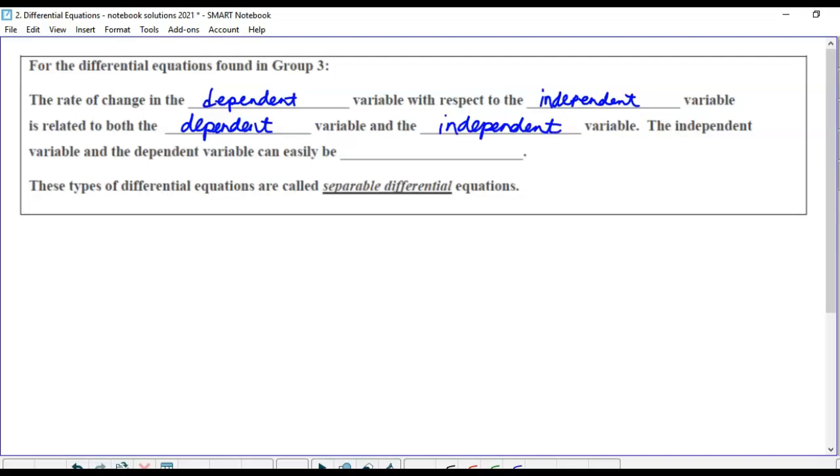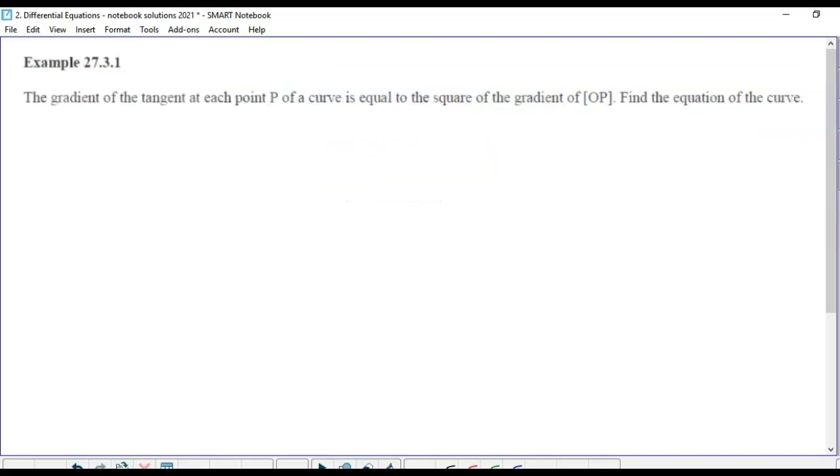The independent and the dependent variable can easily be what we call separated. And so these types of differential equations are called separable differential equations. We don't say group 3, we're just kind of grouping them, but they're separable. So let's do an example.